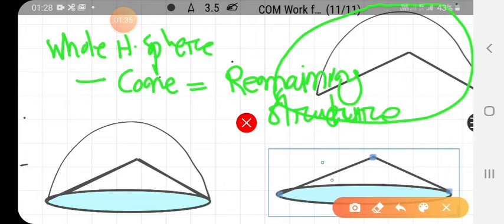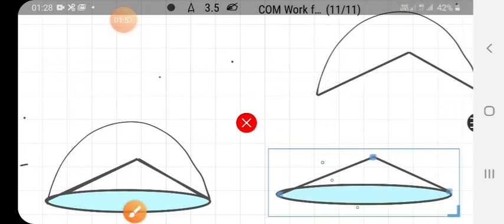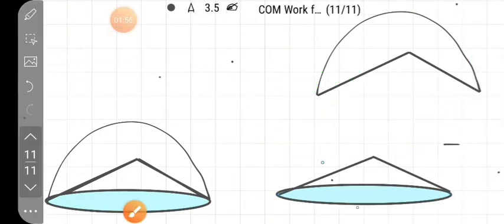So this concept you have to use again. Whole hemisphere minus cone is equal to this. So first we'll see what was the whole hemisphere mass, what was the cone mass, and what became the remaining structure's mass. We'll calculate. Now let's go.